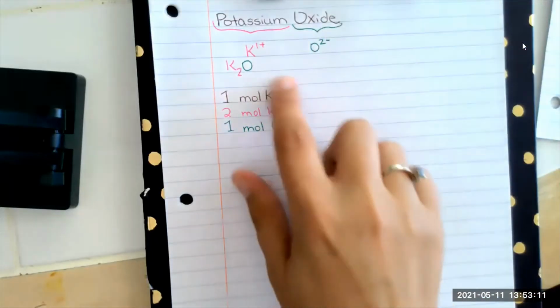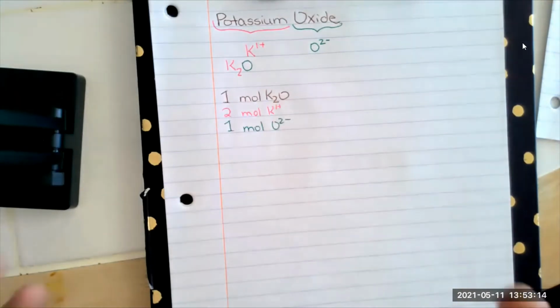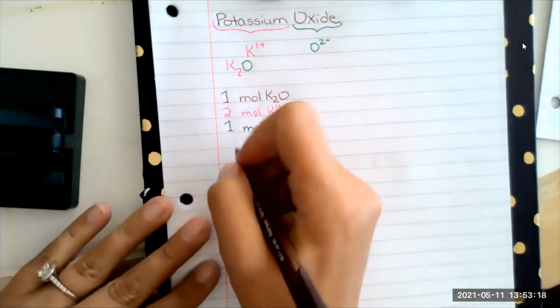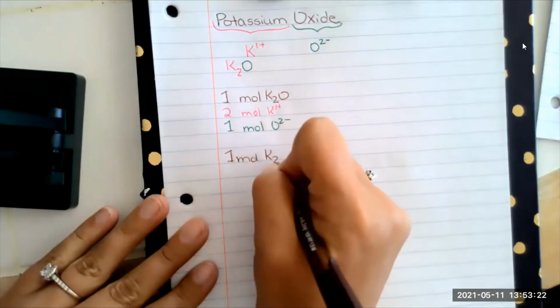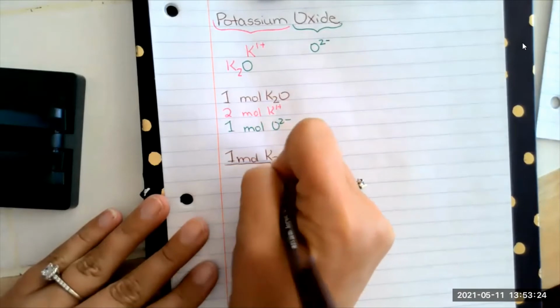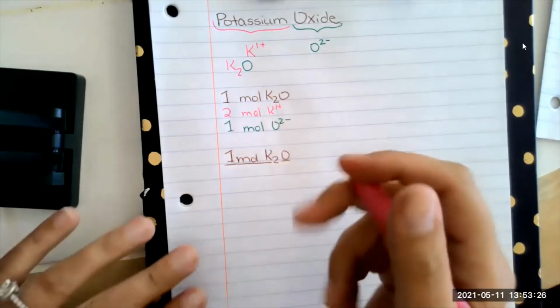And then from our moles, our breakdown, or from our balance equation, you can go ahead and pull your mole ratios. We have 1 mole potassium oxide for every 2 moles of potassium.